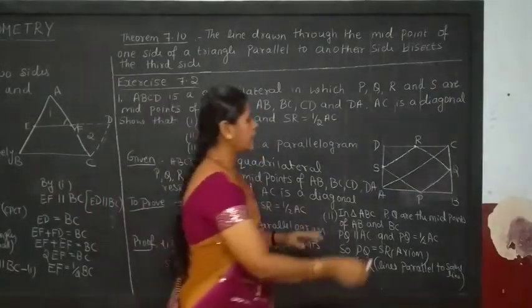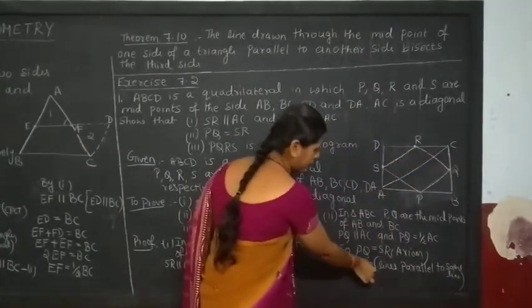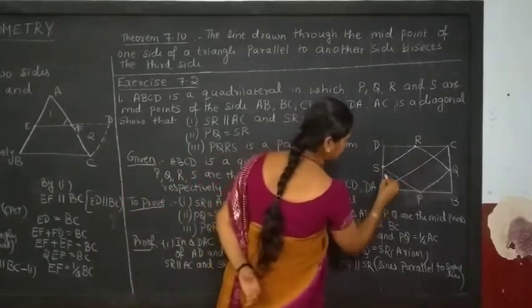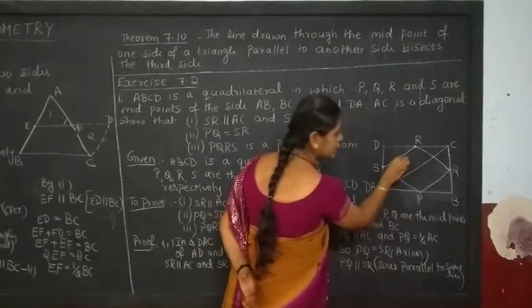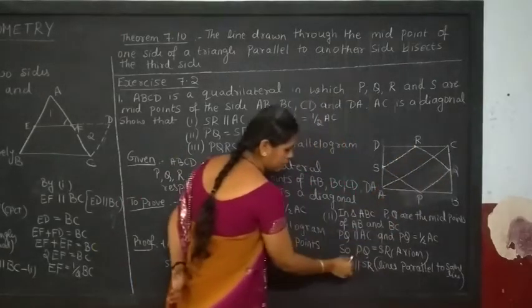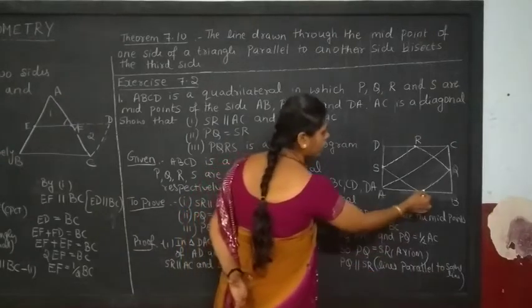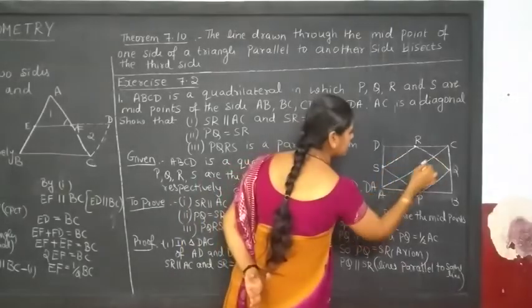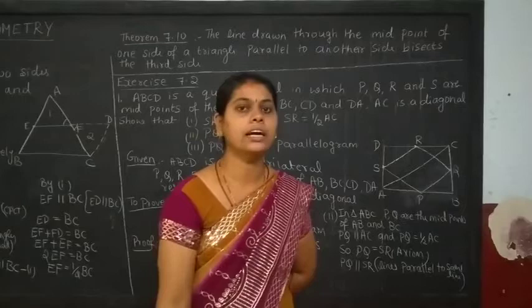Now third one, PQ is parallel to SR. Here PQRS is a quadrilateral. If one pair of opposite sides are equal and parallel, because PQ is equal to SR and PQ is parallel to SR also, then the other pair is also equal and parallel by theorem 7.8.